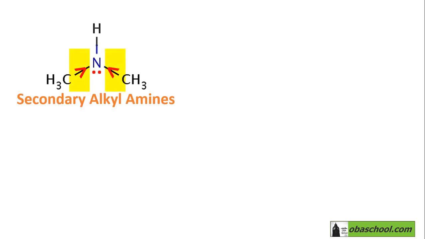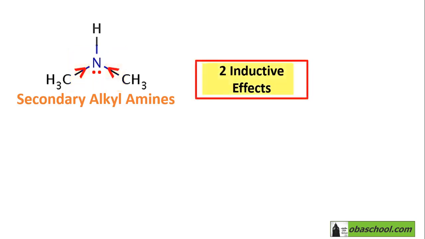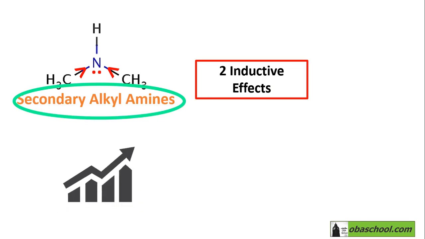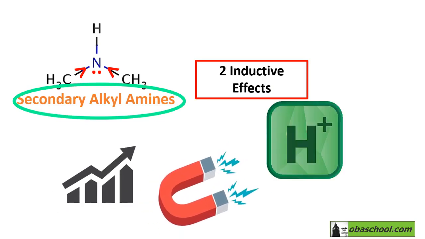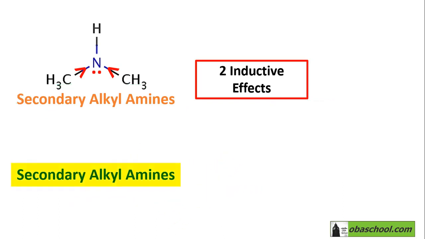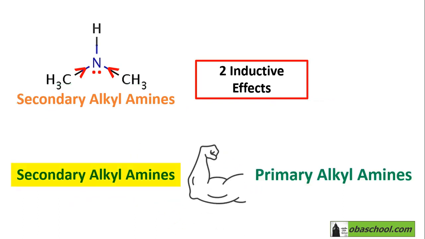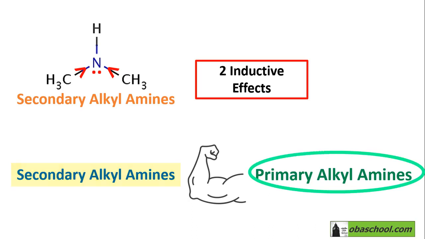So secondary alkyl amines have two inductive effects because they have two alkyl groups. So they will have a greater attraction to protons, and therefore secondary alkyl amines are stronger bases than primary alkyl amines.